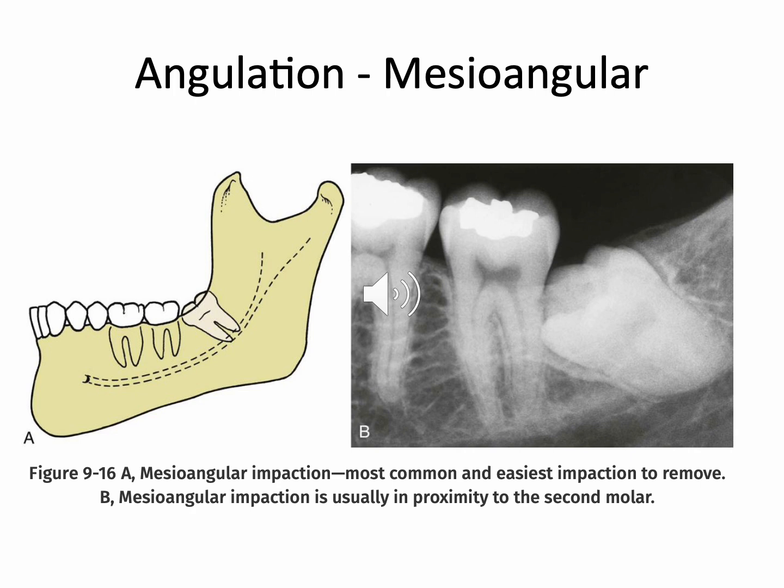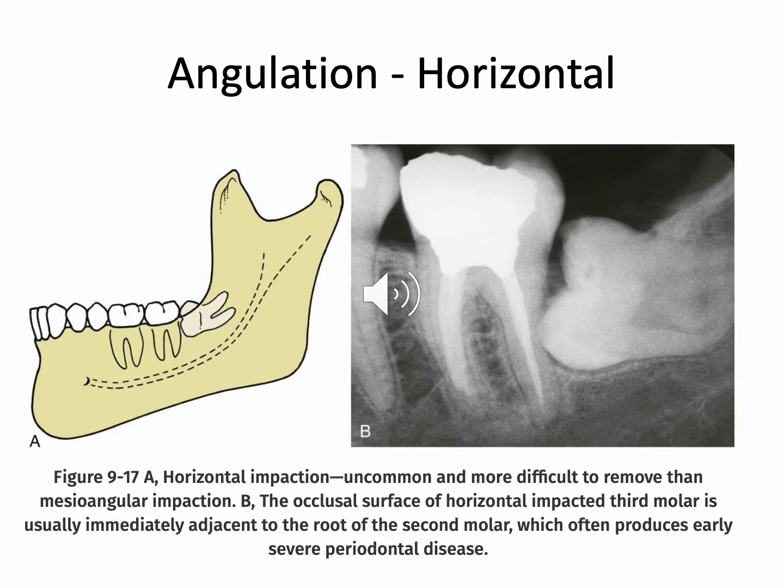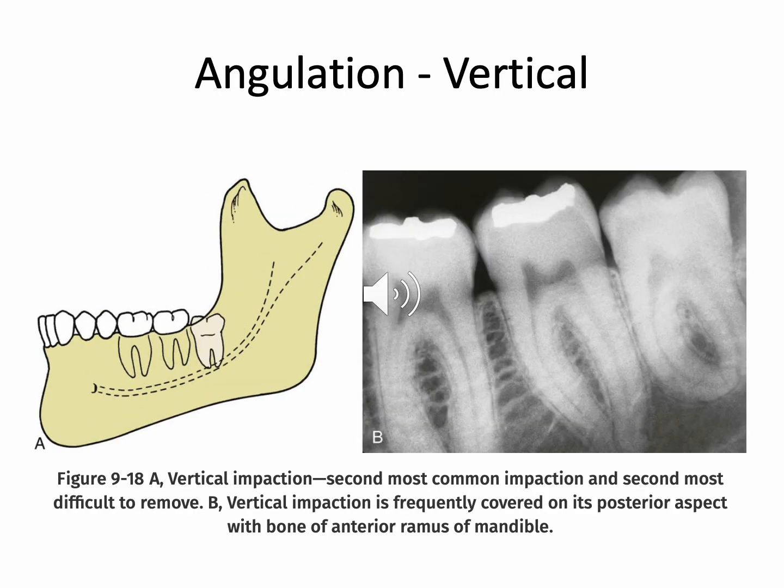So this would be a very common impacted wisdom tooth in a mesioangular orientation. The angulations, of course, are in relationship to the adjacent 6th and 7th. This is a horizontal angulation and is obviously a little trickier to remove than the mesioangular.